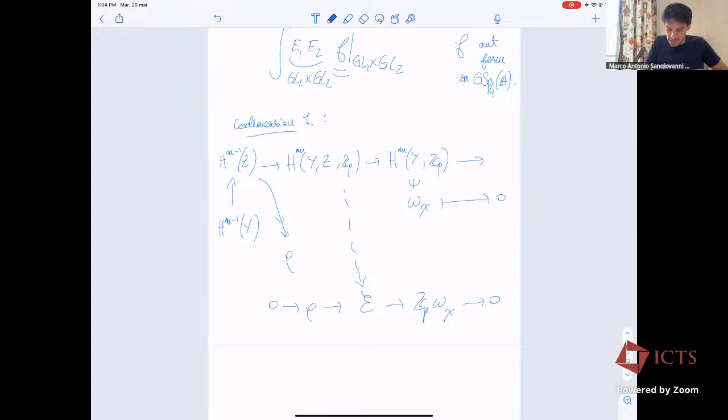And this map passes to the quotient. So you get such an extension like this. But you see that the Galois representation that you're interested in and the class coming from the degenerate automorphic form need to be off by 1 degree. Here you get m minus 1, and here you get m. Otherwise, if they are further apart, you don't get an extension.